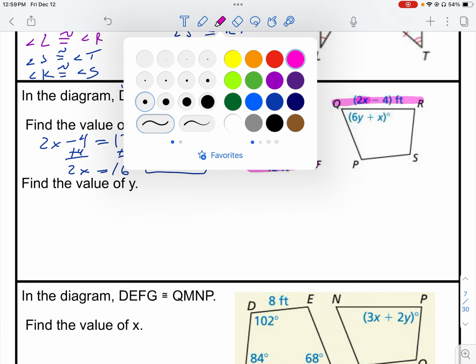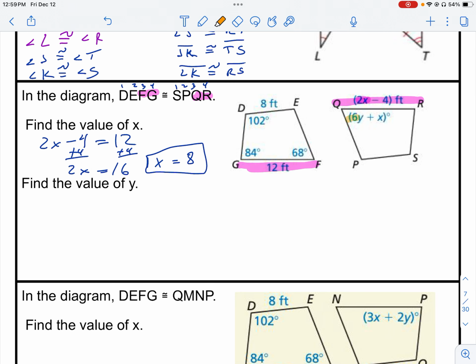Okay, so now we got to find our y. y is right here. And we'll notice that little circle. So it's an angle, and that's going to be angle Q right here. Angle Q goes with angle F, and angle F is 68 degrees. So 6y plus x equals 68.